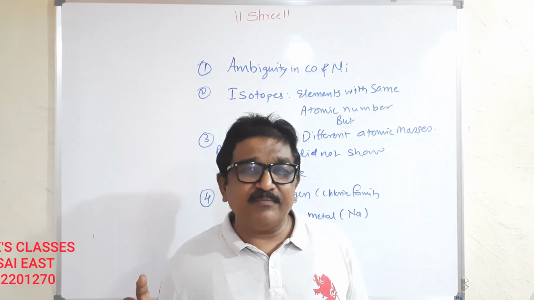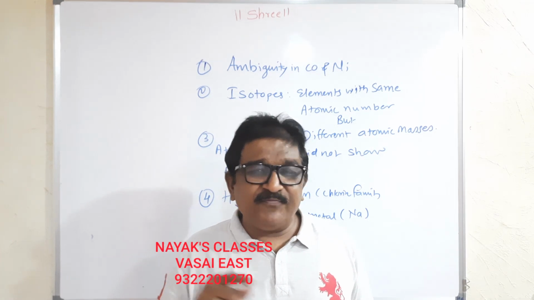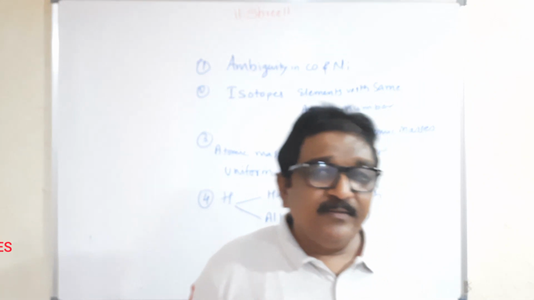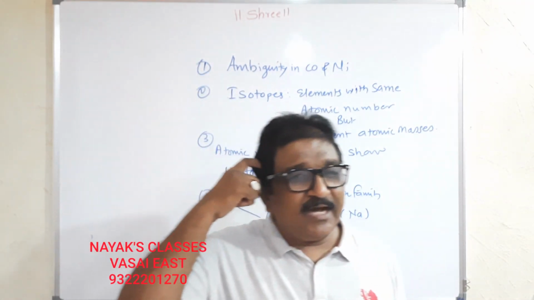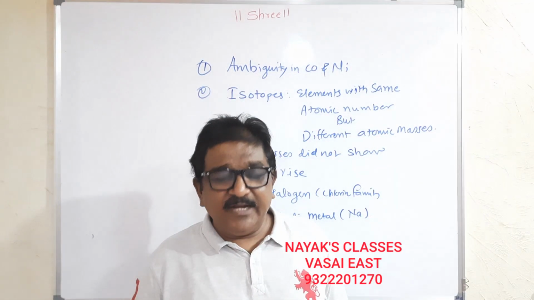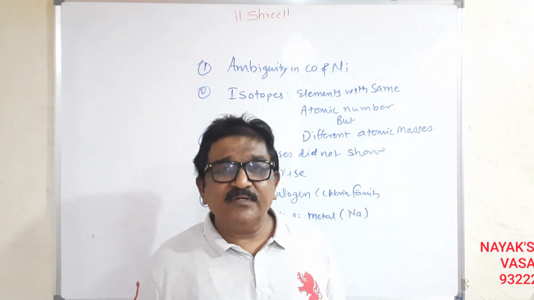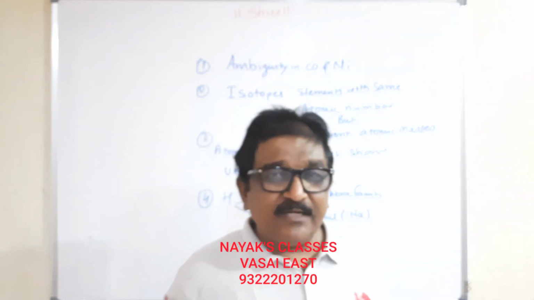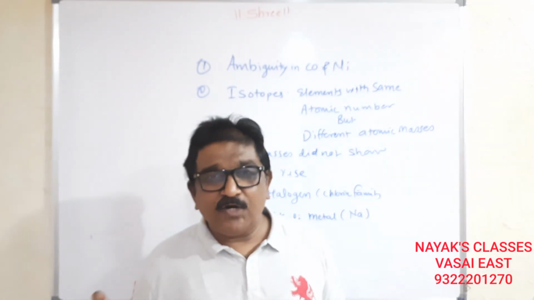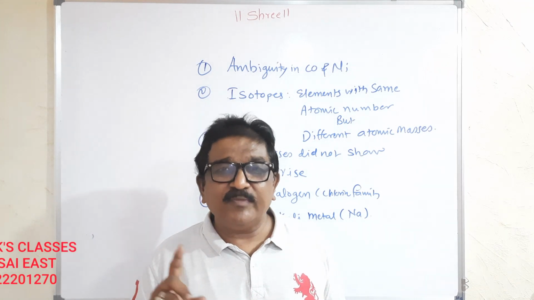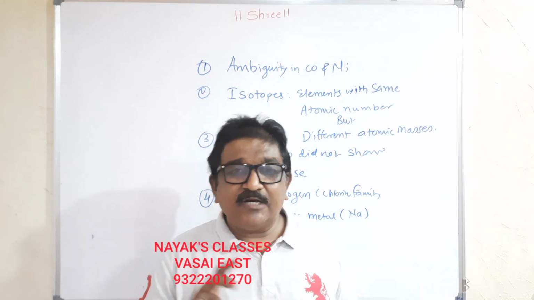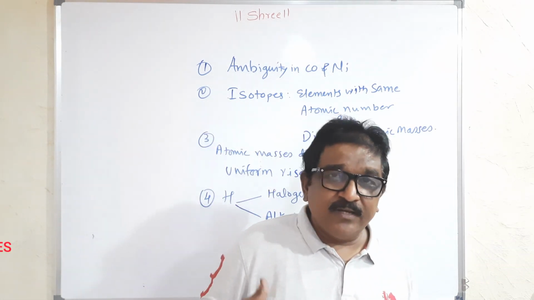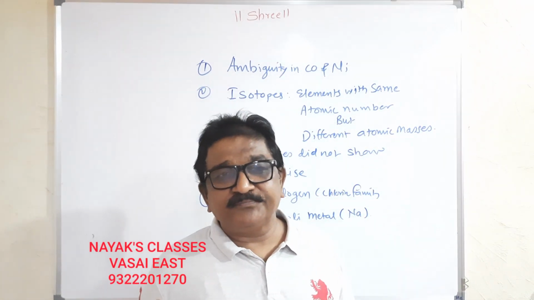The modern periodic table is a combined effect of Dobereiner, Newlands, Mendeleev, plus the high-ending efforts of Henry Moseley, who said atomic number is a fundamental property of an element, not atomic masses. So all combined efforts came together to give rise to the modern periodic table.